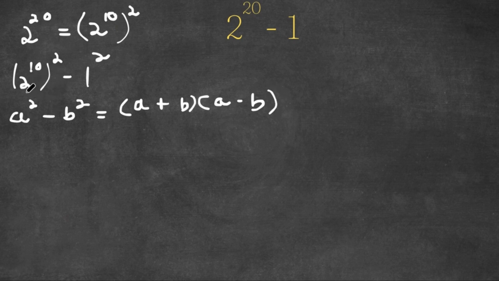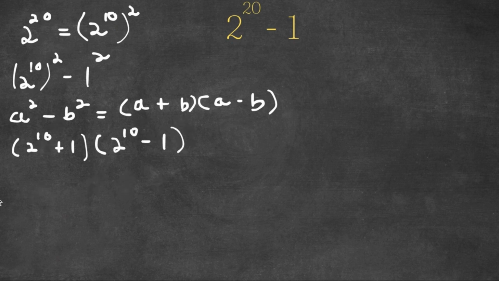So now if we plug in 2 to the power of 10 for a and 1 for b, we get parentheses 2 to the power of 10 plus 1 times 2 to the power of 10 minus 1.